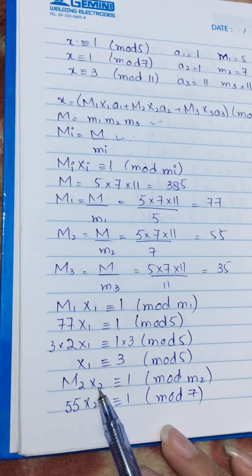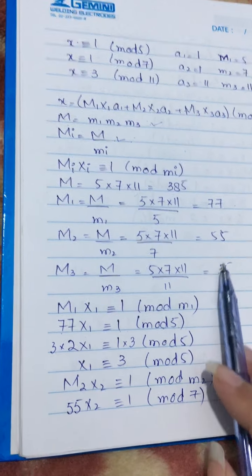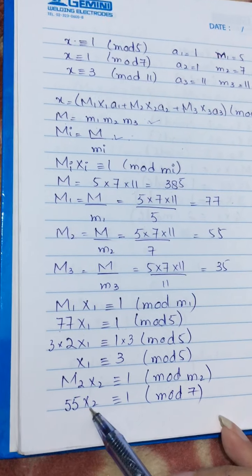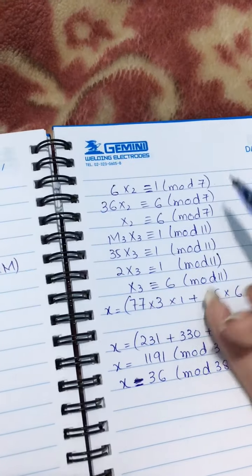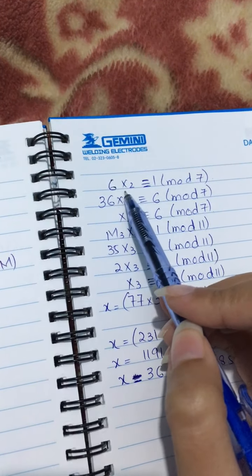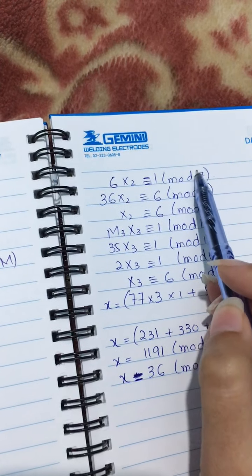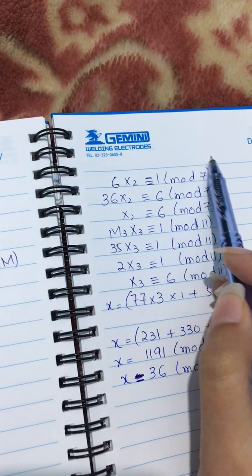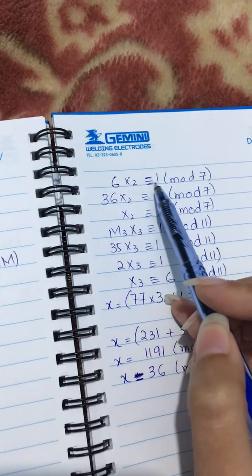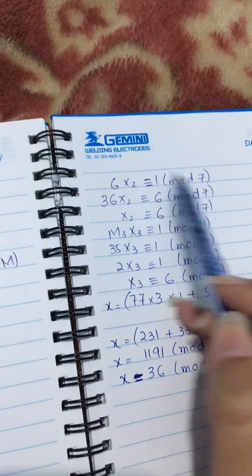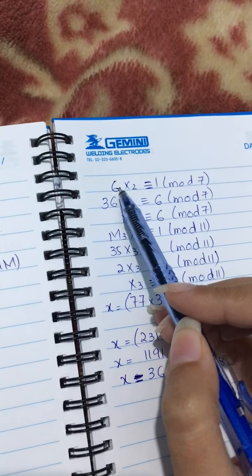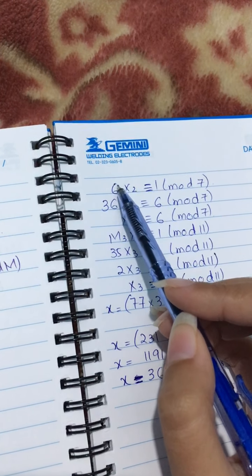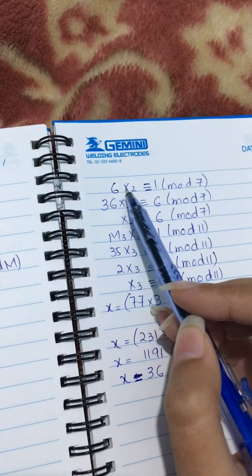Now further, putting the value in this term. The value of M2 is 55, so 55 x2 is congruent to 1 in modulo 7. If I check 7 into 7, 49, so the remainder is 6. So 6 x2 is congruent to 1 in modulo 7. Our motto is to get 1 here.